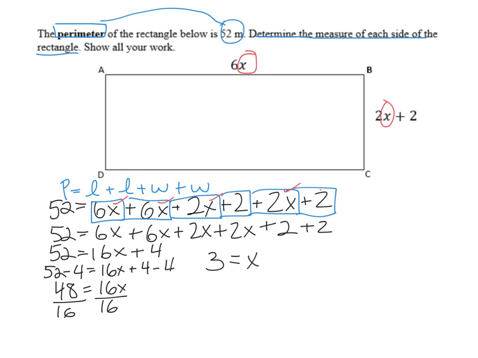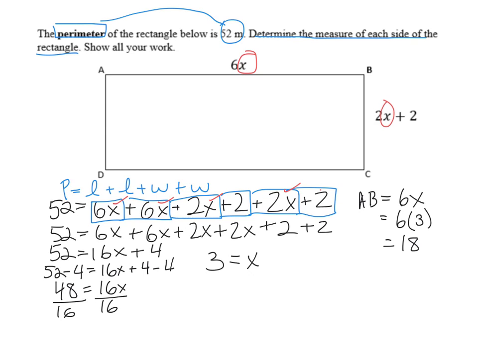So now I need to substitute in 3, because x equals 3, into the expression 6x. So side AB equals 6x equals 6 multiplied by 3 equals 18. And that's going to be the same for DC.